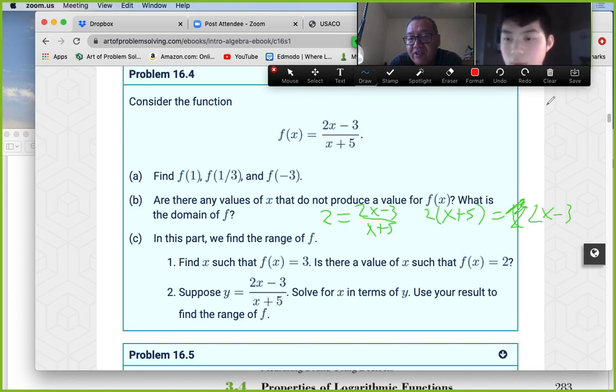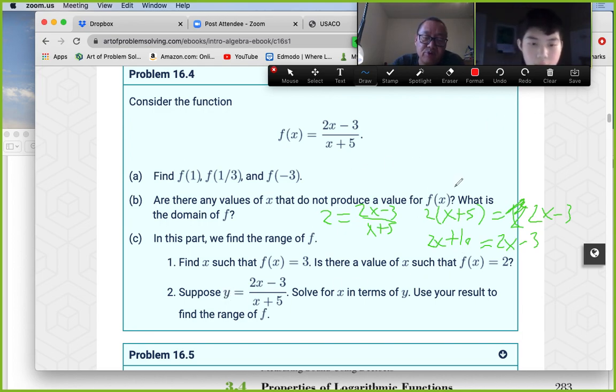You can just write right side equals 2x minus 3. Then you solve for x. And the x's cancel out. So there's no solution, right? You got 10 equals negative 3. That's not possible. So that means there is no solution for x when this function value equals 2, right? Okay. Yeah.